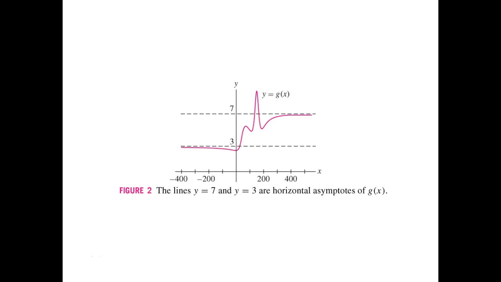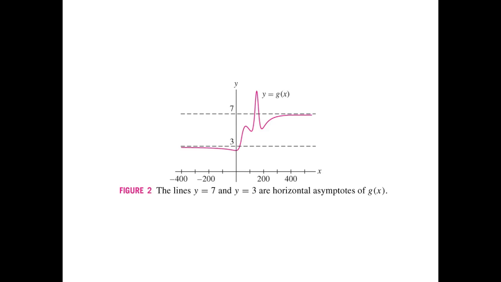But let's just say this is a function here. Most of the time in normal situations, you might see this part of the function. I don't even know if you're interested in very many negatives, but if you were, you're not sure what's happening back here. You see a lot of weird things happening there. But if you don't go much past 200 or 300, it's not clear what this function is doing.